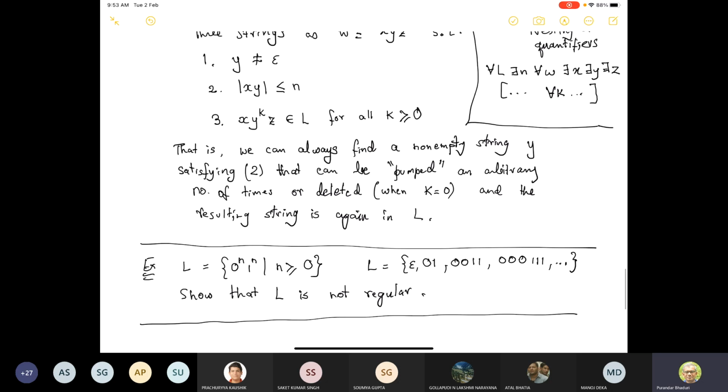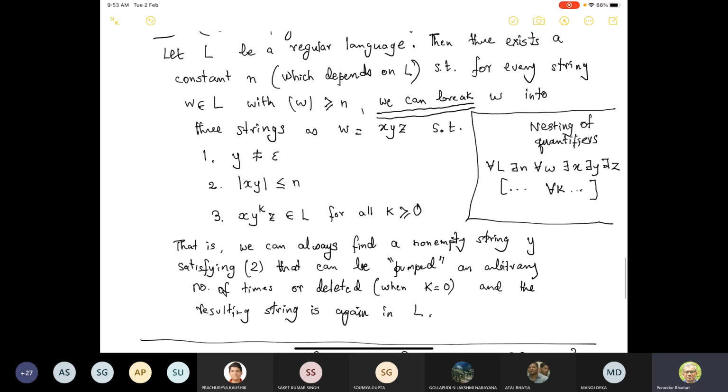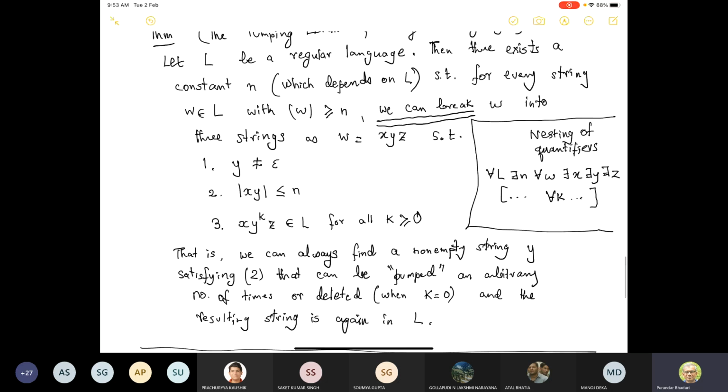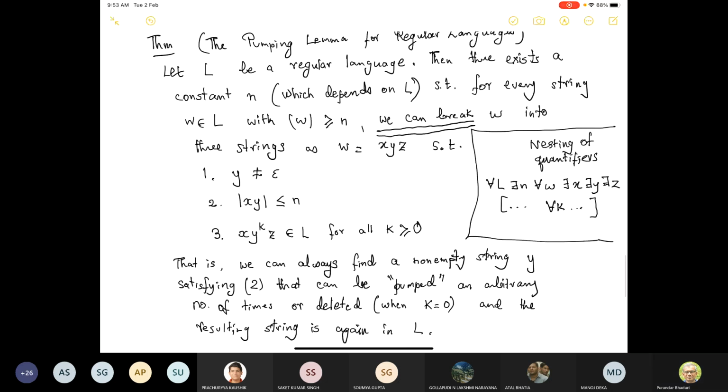If you have any quick questions about the lemma or the statement of the lemma, you can ask me right now, as we have just a minute left. Any doubts about the statement?